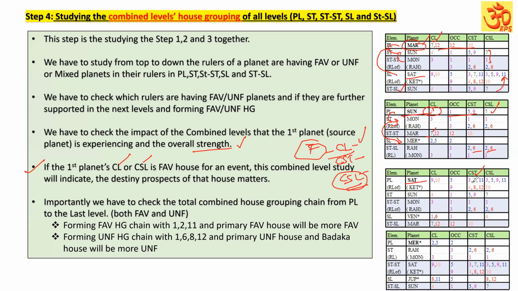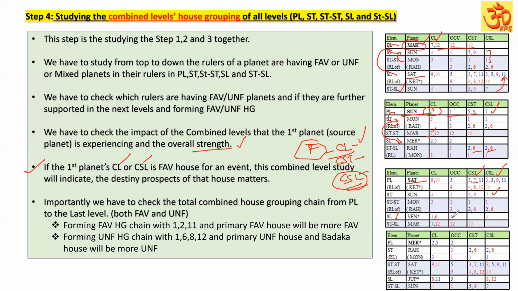You can see the seventh star lord also, you can check. The seventh star lord itself is having very good house grouping. Star lord is very good house grouping. That to the seventh sublord, it is forming a very good house grouping chain also, and the sublord Venus is a mixed one. So 1, 6, 1, 4. So this is having some weakness, but it is not completely weak, and it is not having the 8th house or 12th house.